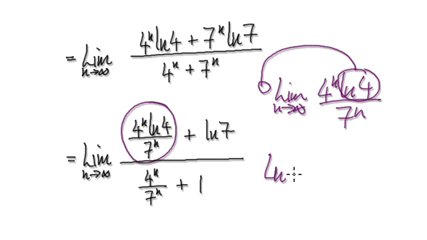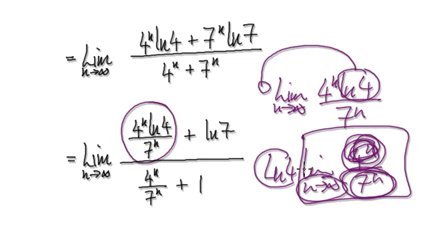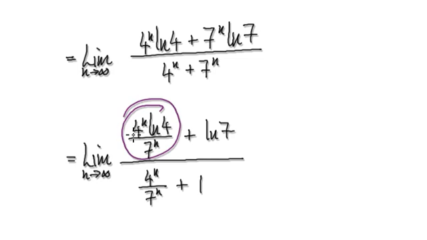So it becomes natural log of 4, and then the limit as n tends to infinity of 4^n over 7^n. You can see that as n tends to infinity, the denominator will get much bigger than the numerator. So this thing here is going to be 0 times this constant. It will be 0. So the point here is that this thing here will head towards 0.